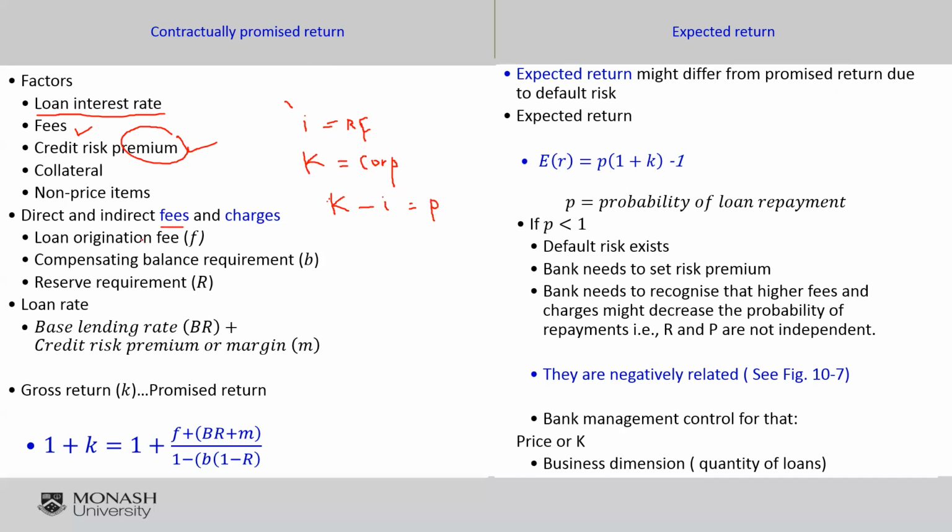We have what we call loan originating fees, and we have something called compensation balance. The compensation balance is, if you take a business loan of 1 million ringgit, the bank will ask you to participate in that loan, usually 10%.